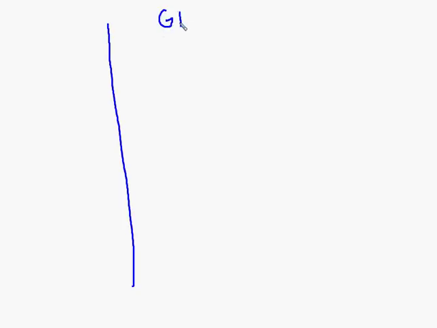Greatest possible error, GPE. So let's say I measure something to be 4. I could be off plus or minus 0.5, because that would be the next digit, right? Let's say I measure something as 16.8.